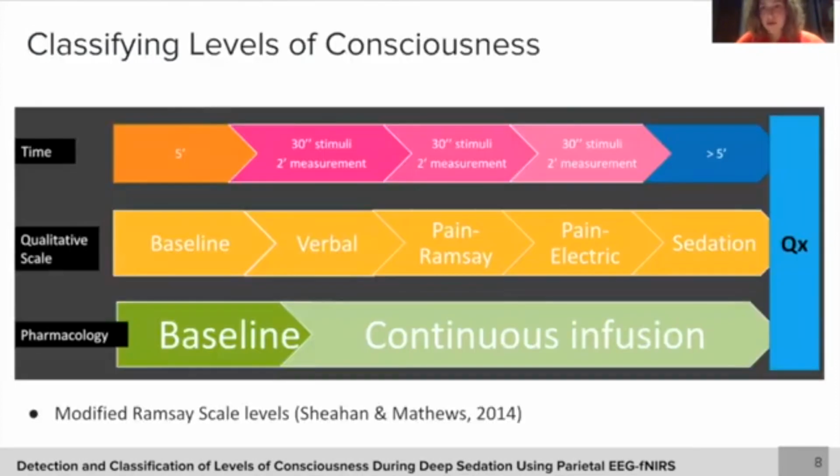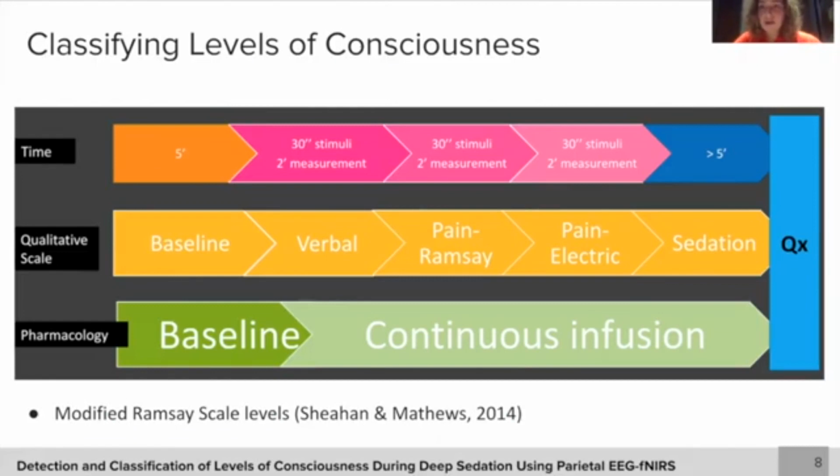In the induction of anesthesia, we will use a qualitative scale of measurement of levels of consciousness, which is what is mostly used in endoscopy procedures. Here we will separate the different levels of consciousness we wish to classify using the modified Ramsay scale, which differentiates the levels of consciousness by the different behaviors and responses the person has. The first would be a loss of verbal command response.